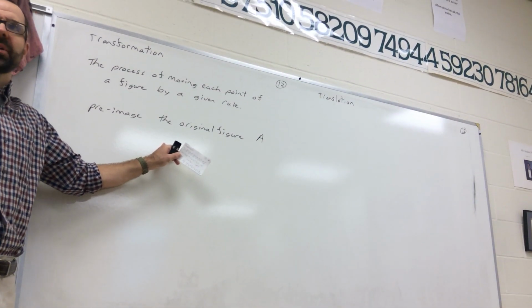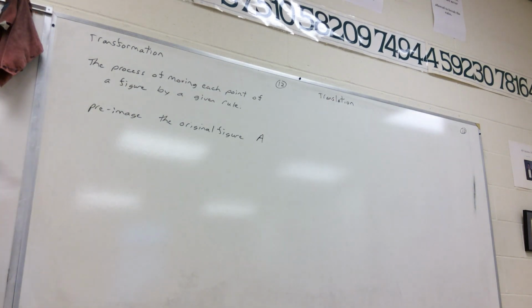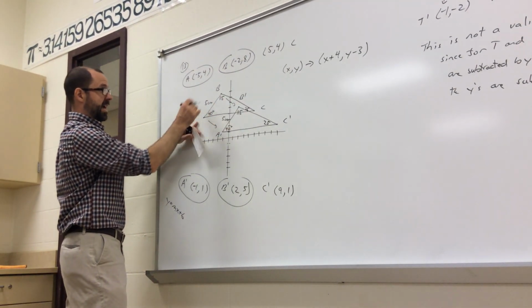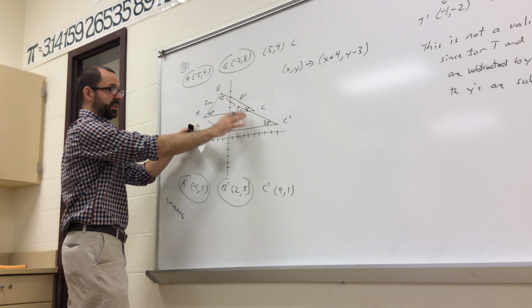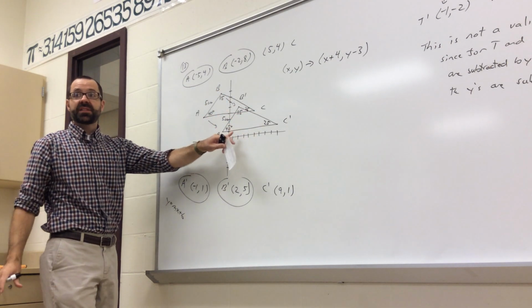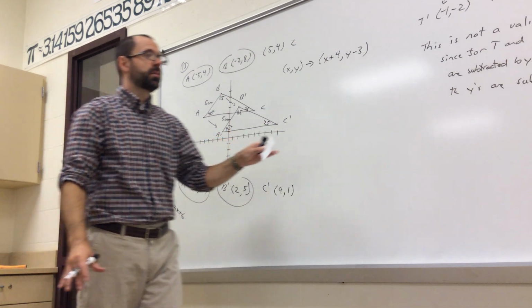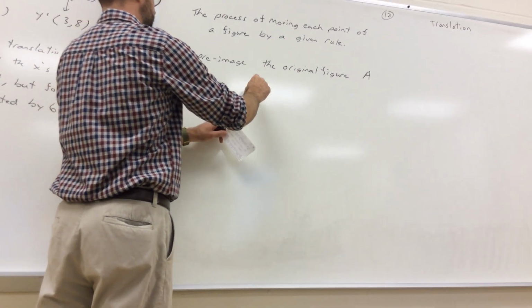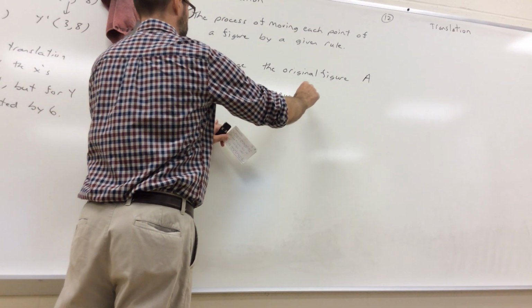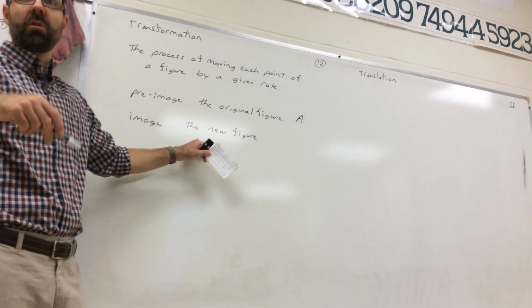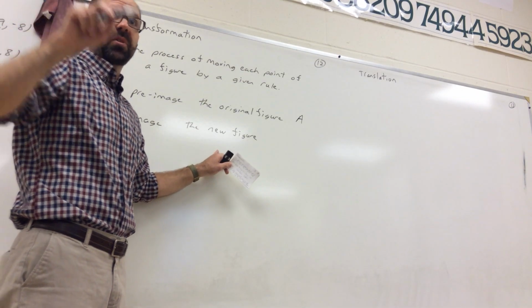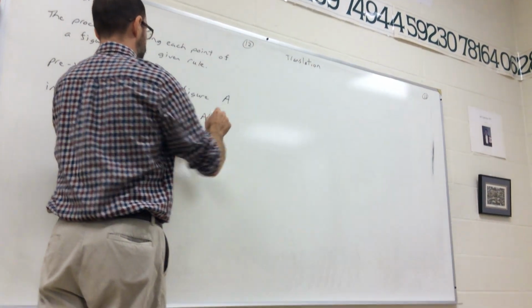Over here, this triangle, the A, the B, and the C, that was the pre-image. And then it got slid down to here, and that's the new one called the image. So the image is the new figure. To tell apart between the old and the new, we use just a capital letter for the old, but for the new we put a tick mark on the capital letter.